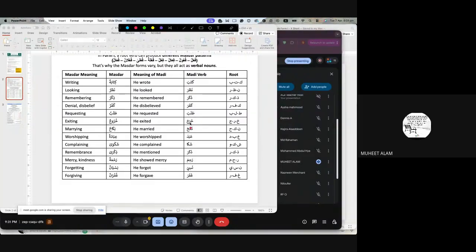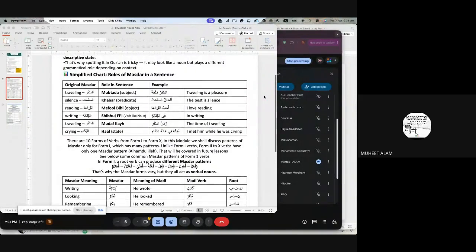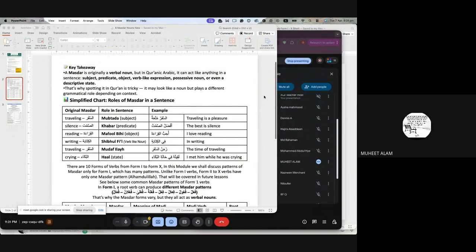First example, we saw that kataba means he wrote. The masdar of this is kitabatun. Before coming to this part, I want to mention that in the form first verbs, there are almost 10 forms of masdar for a form first verb.